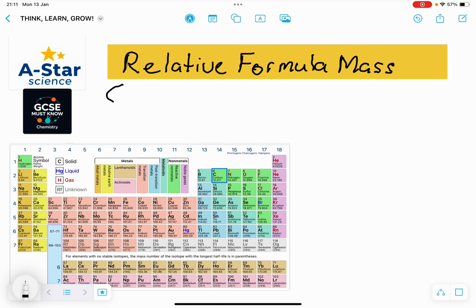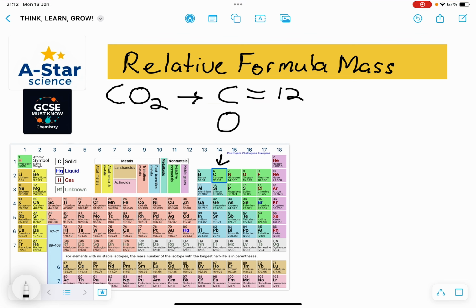So let's try another one. Let's look at carbon dioxide. Carbon dioxide. So we see carbon dioxide has 1 carbon. If we look at the carbon is there, that's got a relative atomic mass of 12.